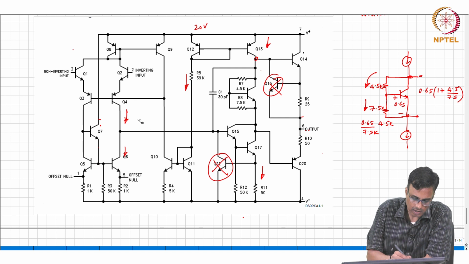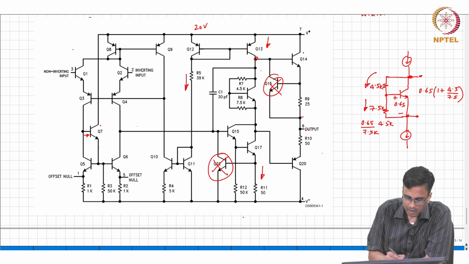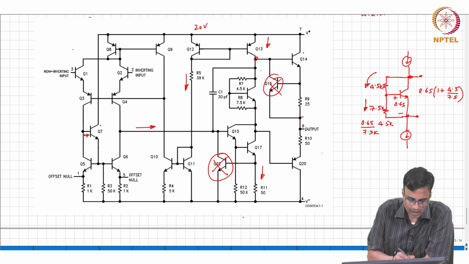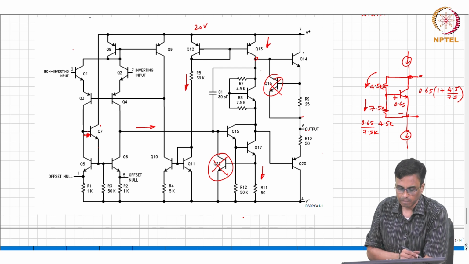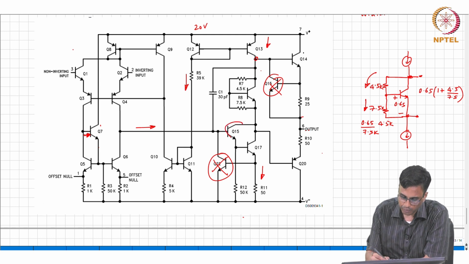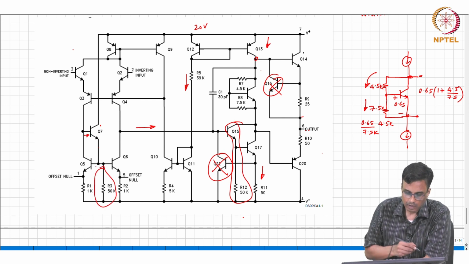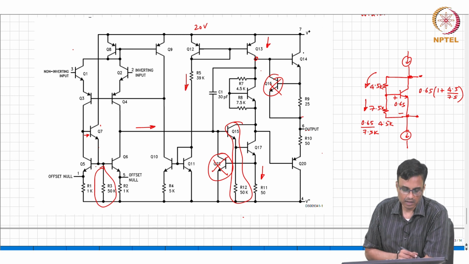So what is done is, the bottom line is that whatever DC current you are drawing here, the same current has to be drawn here. That is why, if you notice, Q15 has got 50K in the emitter, and likewise Q7 has got 50K in the emitter.